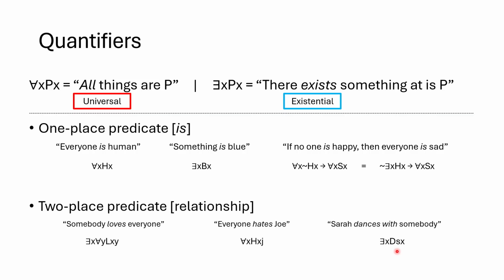Why? Because that's the one that is being acted upon by our constant here, who is Sarah in this case. So Sarah, the constant, is the one dancing with somebody, right? Again, I know this is going to look a little odd to you at first, so let's just do some translations.